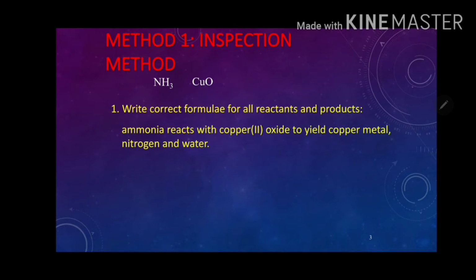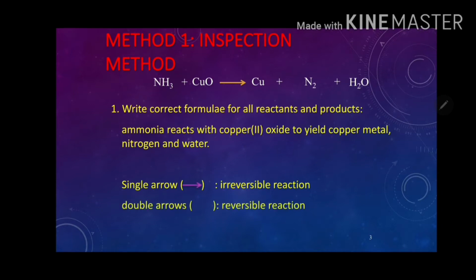So NH3 plus CuO produce Cu plus N2 plus H2O. We use a single arrow to show that the reaction is irreversible, and we use double arrow to show that the reaction is reversible. So for this example, the reaction is irreversible.